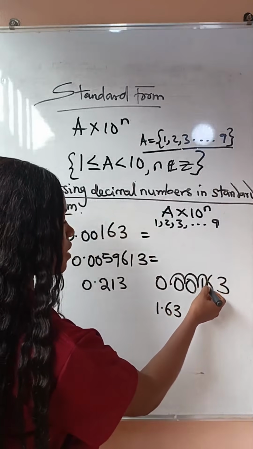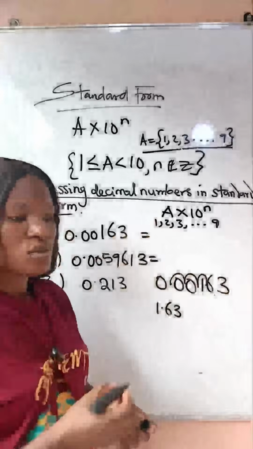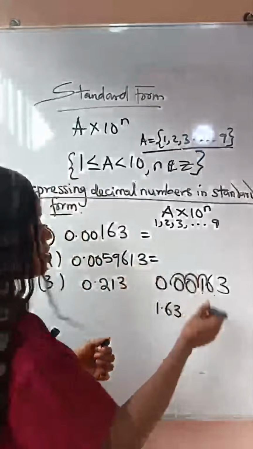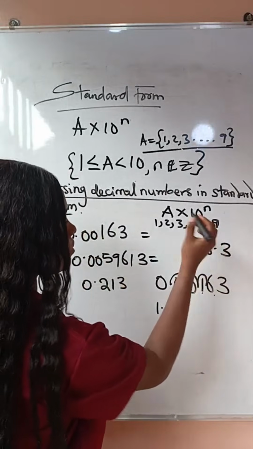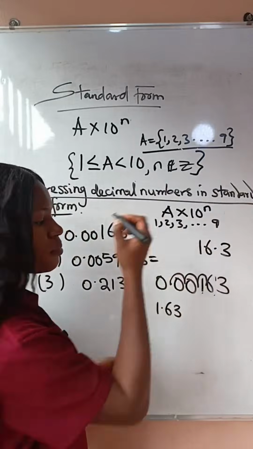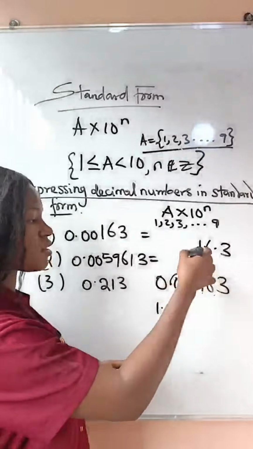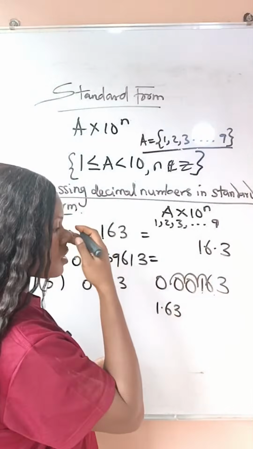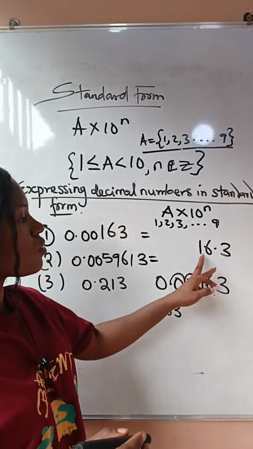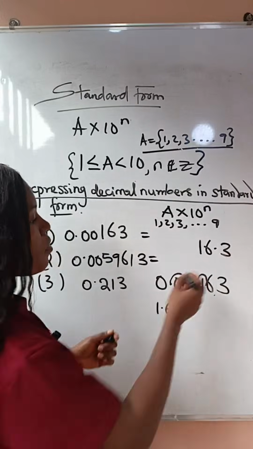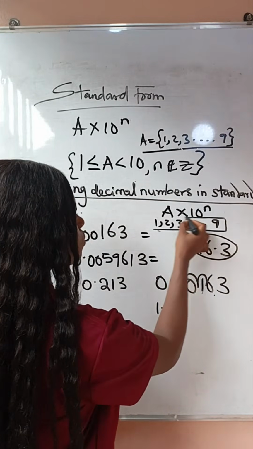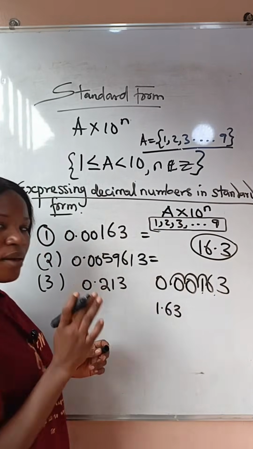Now, remember that if I take this decimal point to the other side, what I will have is 16.3. If I continue to shift the decimal point once more, I will now have 16.3. And remember that 16.3 is bigger than these numbers, so it cannot serve as our a.